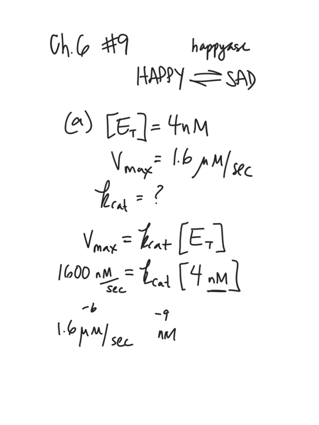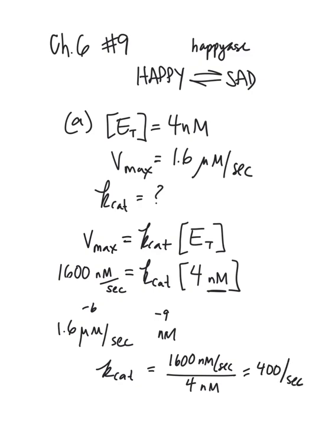So from here, you just divide both sides by 4 nanomolar so that you get a kcat, which equals 1600 nanomolar per second over 4 nanomolar. And that equals 400 per second, which is your kcat.